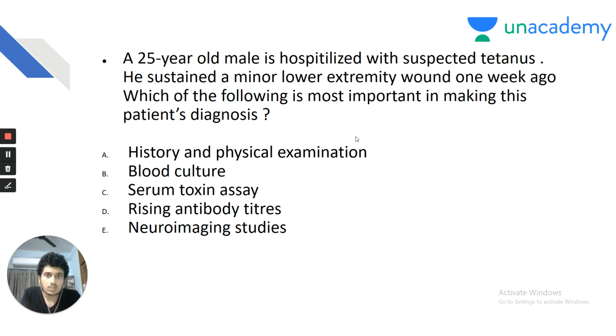Even I used to think in the same way, that blood culture is the gold standard and the most important in making the diagnosis. But no, my dear friends, you cannot make a diagnosis of tetanus by blood culture. It is purely the history and the physical examination which are the most important in making the diagnosis of tetanus. So, it is the history and physical examination which is more important than blood culture in making the diagnosis of tetanus. Let's see why.